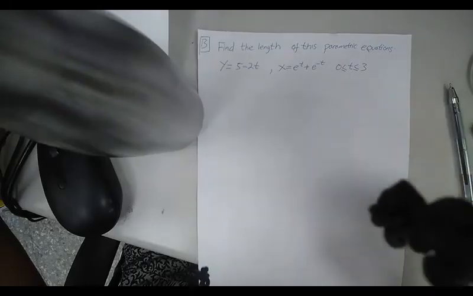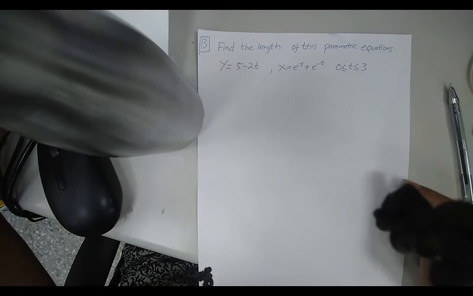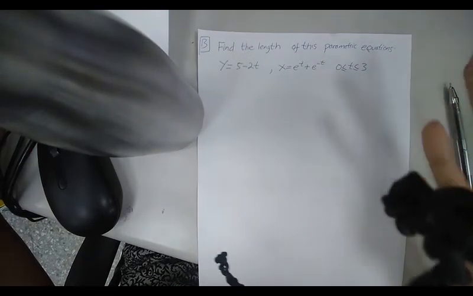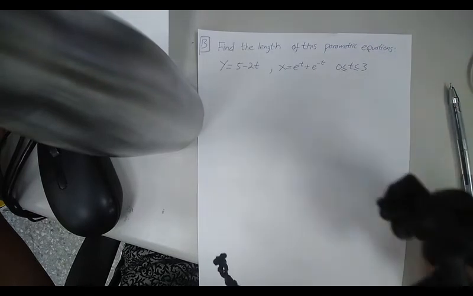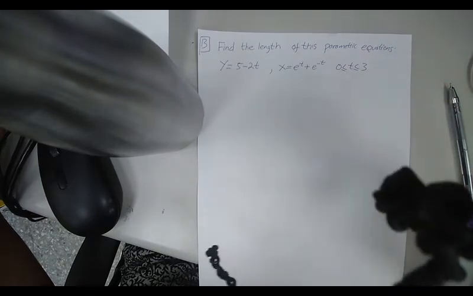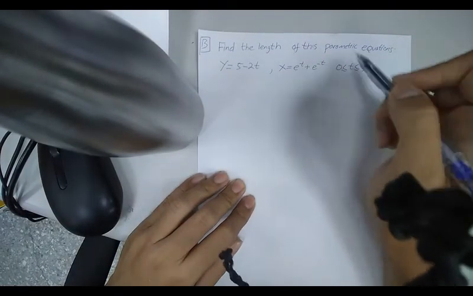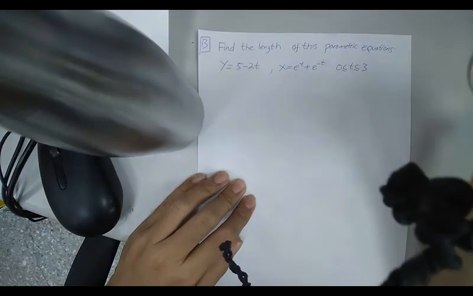So the second question is relatively easy, but there is some point that I like to talk about, and it was asked in the tutorial session, so let us do this. Find the arc length of this parametric equation.